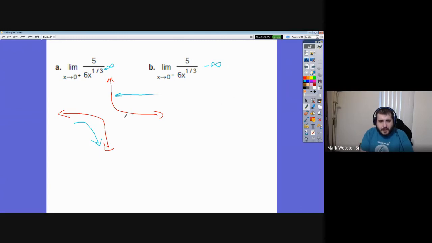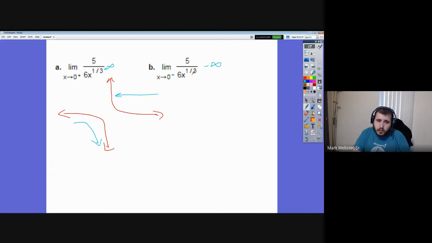And then from here, it's just a matter of, okay, how do I do that numerically? Well, again, put in a positive tiny number right here, and then you're going to get 5 over a little positive tiny number. So it's going to be positive infinity. Put a negative number here that's really, really tiny. 5 over some tiny negative number gives us negative infinity.